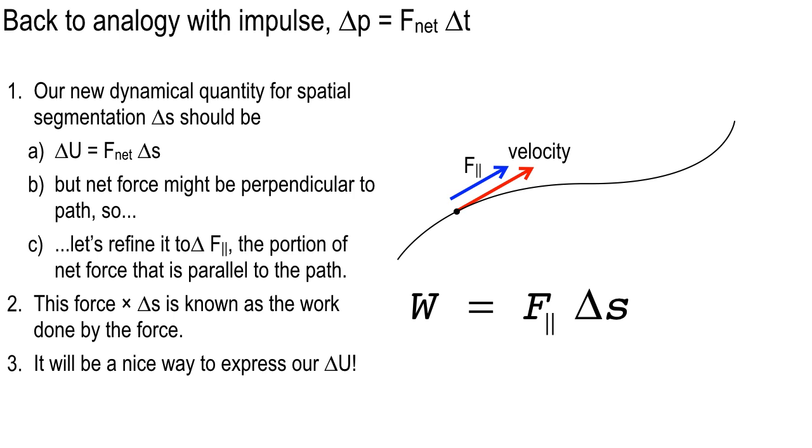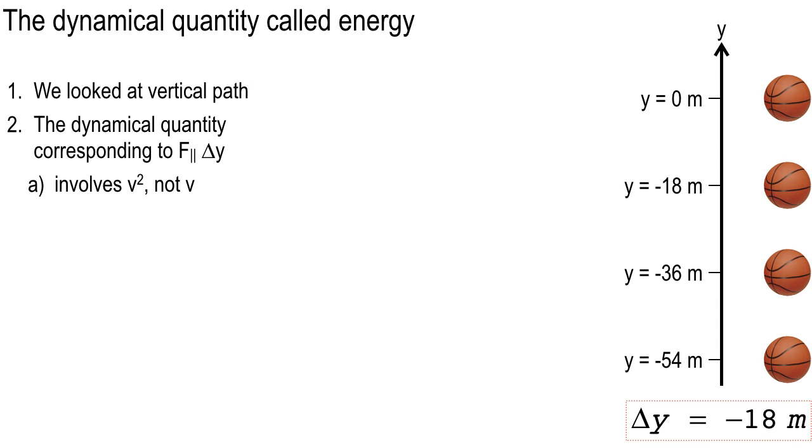Students, this is the definition of work: F parallel times delta S. If we were in a trig class or a calculus class, we might use fancier notation, but this will do the job. You have to do careful drawing and careful viewing of each sketch and diagram if you don't want to use calculus and trig, but we can do it.